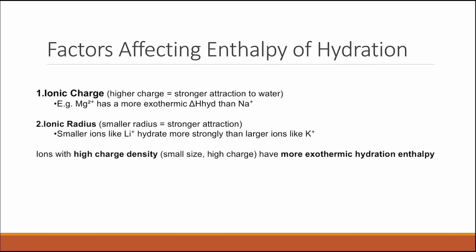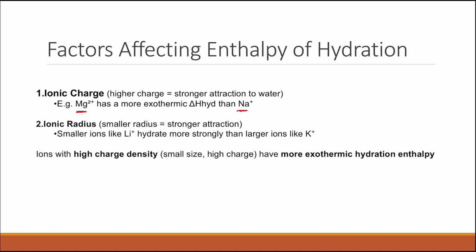There are certain factors that affect the enthalpy of hydration. What are these factors? First one is the ionic charge. If the ion has higher charge, there will be stronger attraction to water. If there is a stronger attraction to water, the enthalpy of hydration will be more exothermic, so the value will be higher in negative. For example, magnesium 2+ has a more exothermic enthalpy of hydration than sodium plus because sodium only has one positive charge.